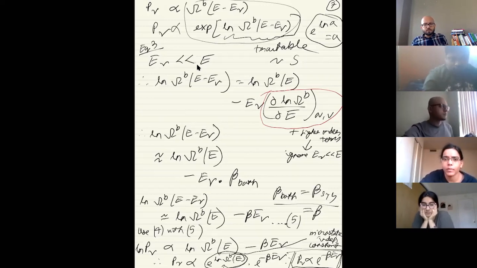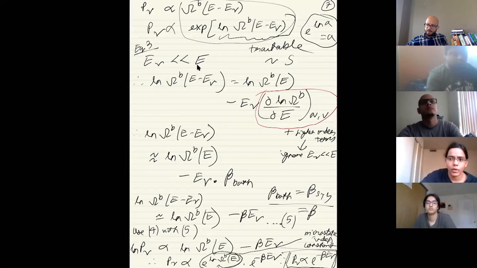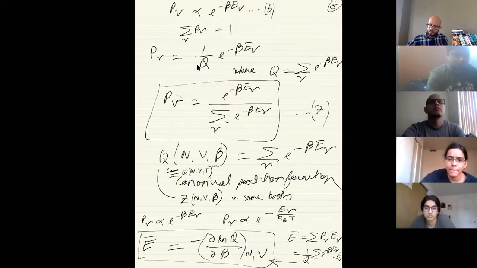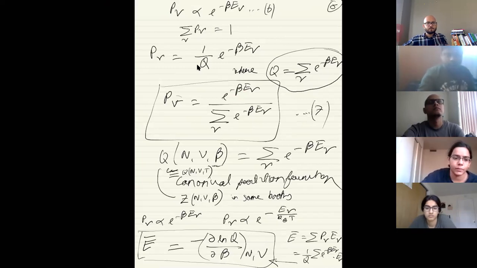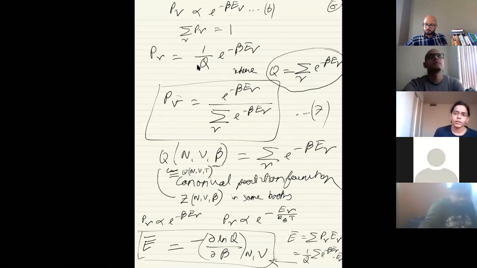The way we define the proportionality constant is by saying that it is the sum of e to the power minus beta E nu over all microstates. And then we give this proportionality constant the name canonical partition function. So you could keep it, it will just disappear in the end.